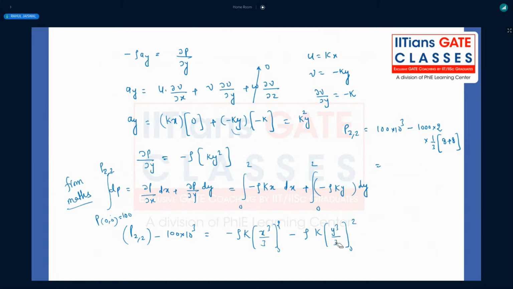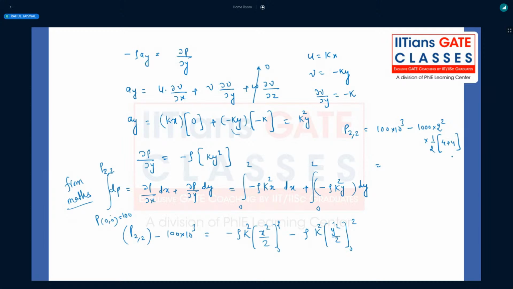So here that will be k square y, and k square x y square by 2. That will be 2 square, so this will be 4 upon 2, 4 plus 4, right?